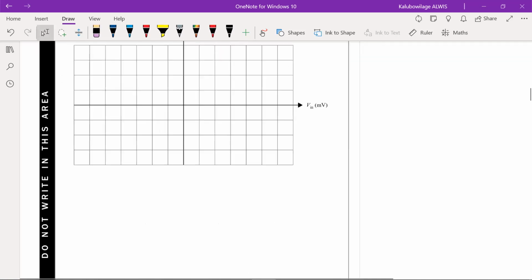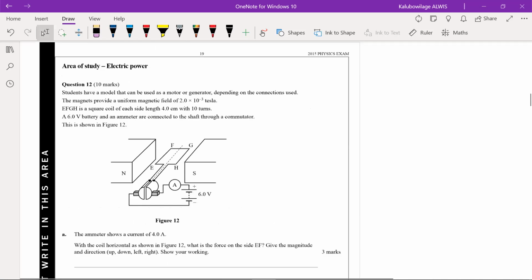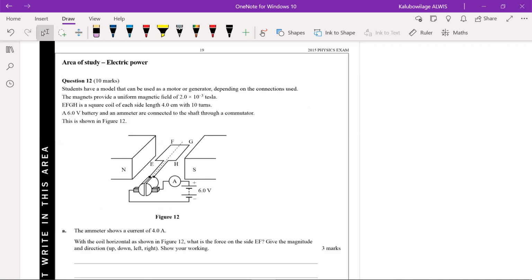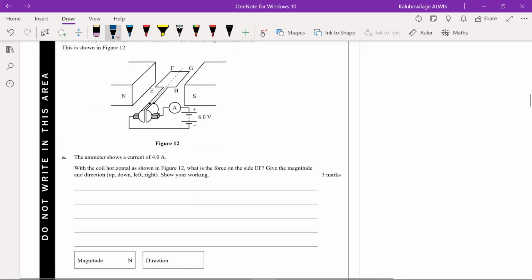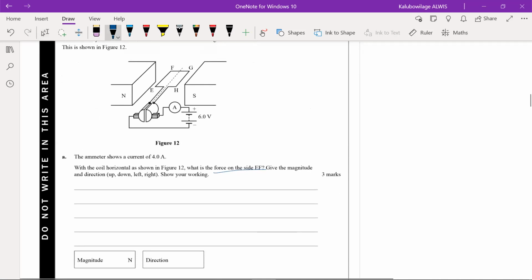Electric power. The first question: each side is 4 centimeters, N is 10 turns, and the B field is 2 times 10 to the power minus 3 Tesla. Force on the side EF, magnitude and direction.